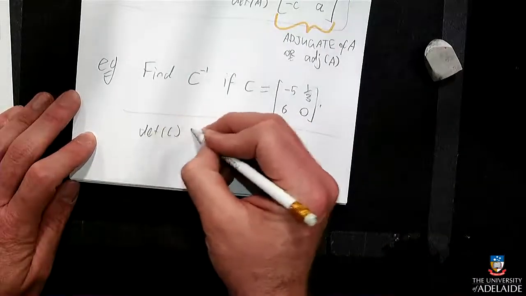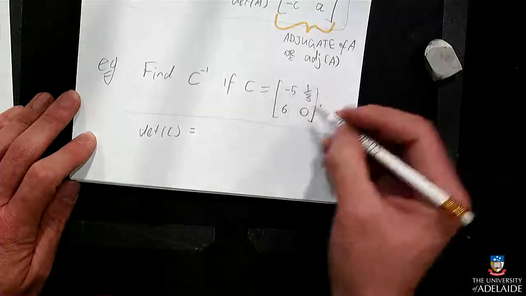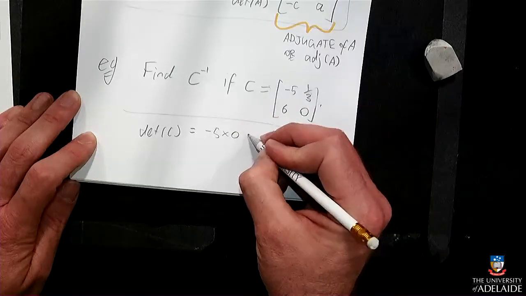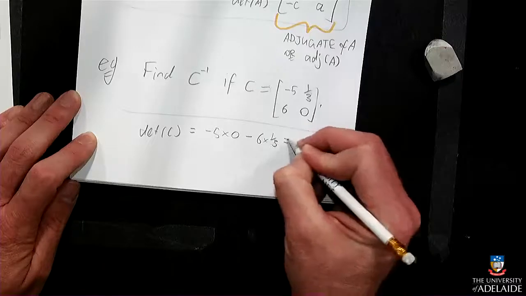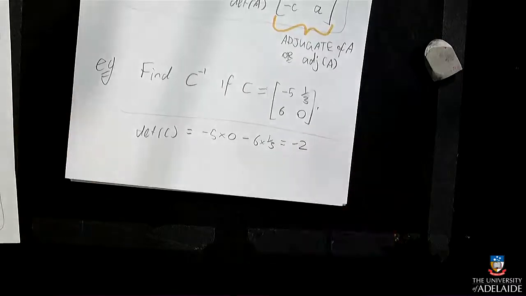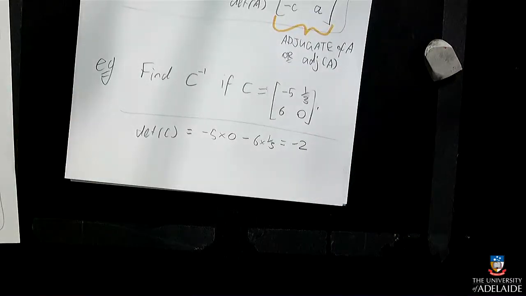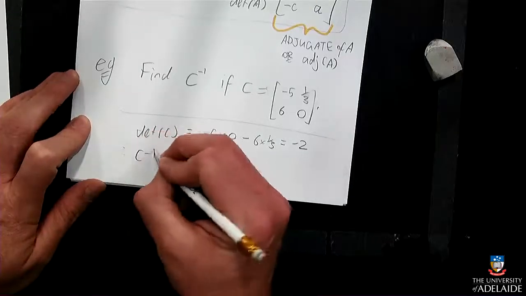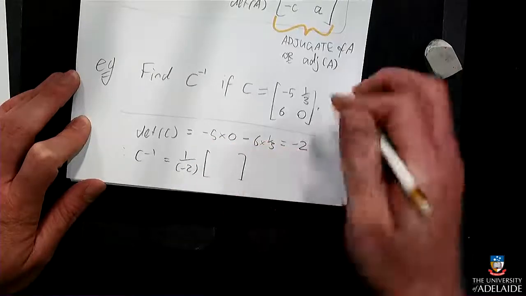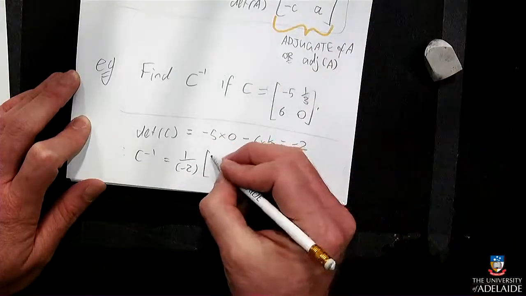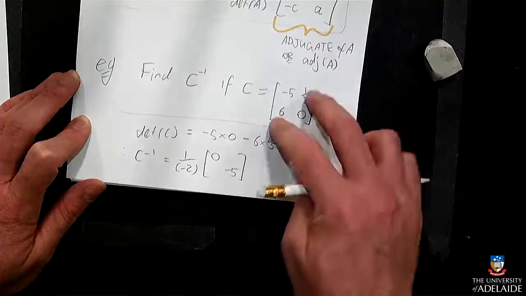So the determinant of C is minus 5 times 0, minus 6 times a third, which is minus 2. Since that's not 0, there is an inverse, and therefore C inverse is 1 over minus 2, because it's 1 over the determinant. And I switch these two, and I minus these two.